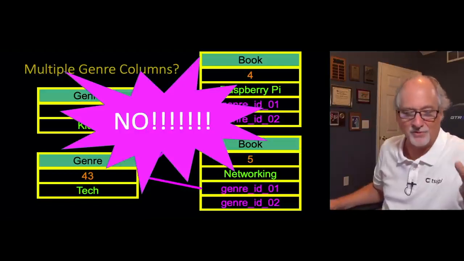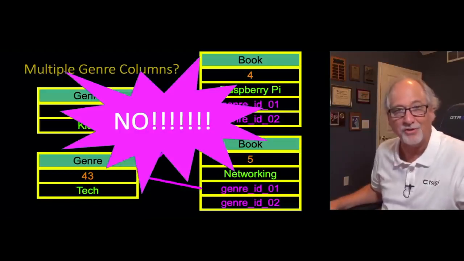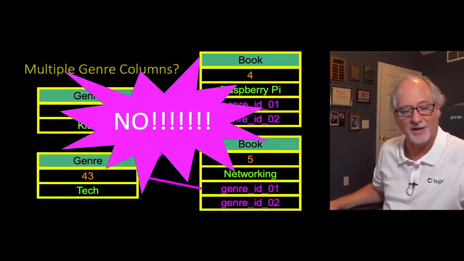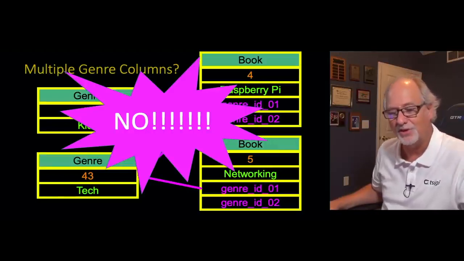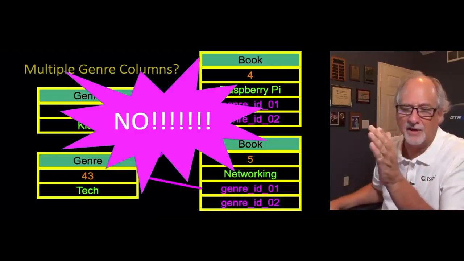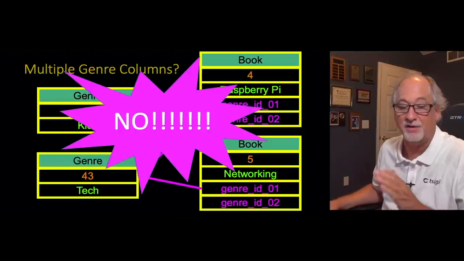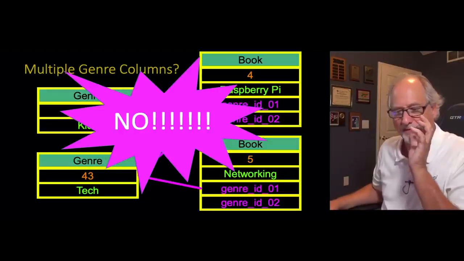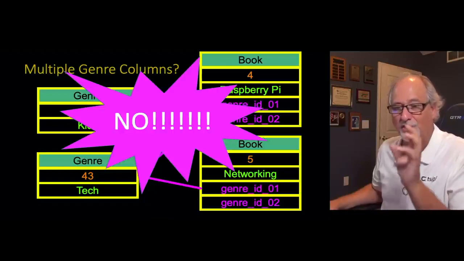Because genres, of course, is a weird example, but if it's authors, there are plenty of books with 8 or 9, 10, 11 authors, right? And so when you see yourself thinking this in your head that like, oh, I'll just add an array of things here, no. It violates the basic notion of relations and connections and how you model stuff to the extent that you can with connections.